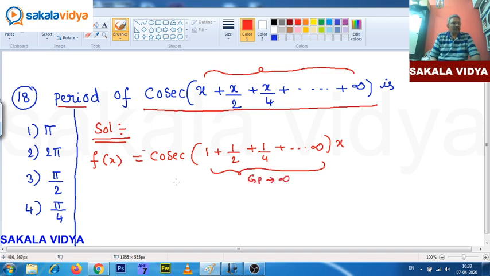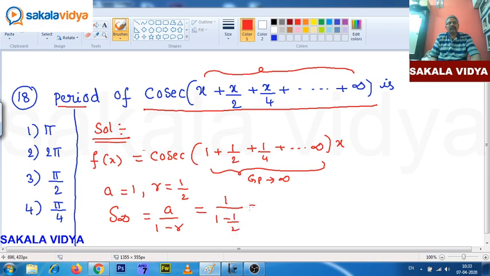So, we have a equals 1 and common ratio is 1 by 2. We have S infinity is equal to a by 1 minus r. Having substituted a and r, this will be 1 by 1 minus 1 by 2, whose value is 2. Am I correct now?